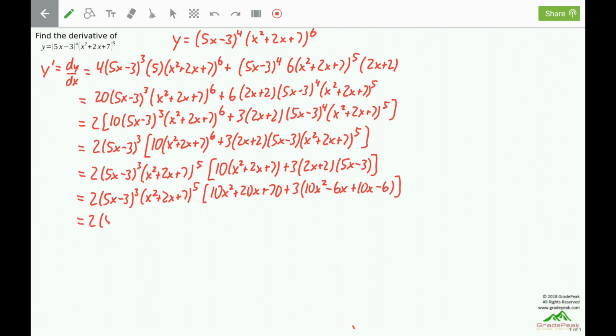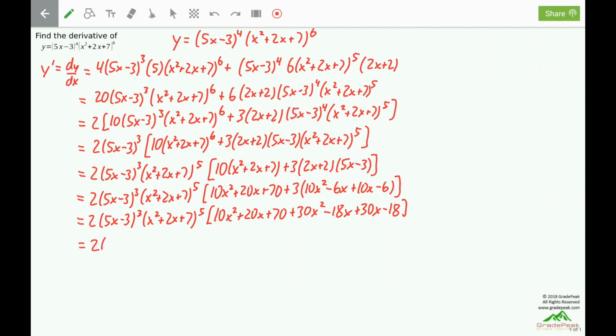So we have 2 times (5x minus 3) to the 3 times (x squared plus 2x plus 7) to the 5th, 10x squared plus 20x plus 70, distributing the 3 in, plus 30x squared minus 18x plus 30x minus 18. And now we can combine together like terms within the square brackets there.